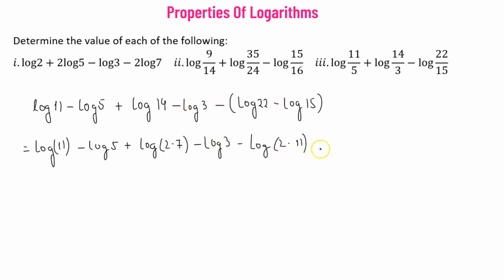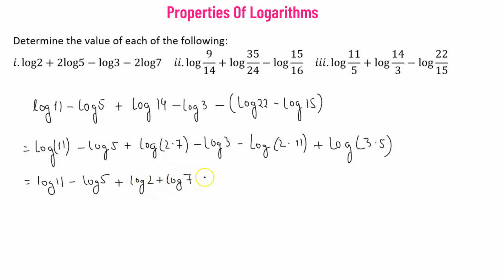This negative and this negative will become positive. So we have log of 15. So 15 is 3 times 5. So this will be log of 11 minus log of 5 plus log of 2 plus log of 7 minus log of 3 minus log of 2.